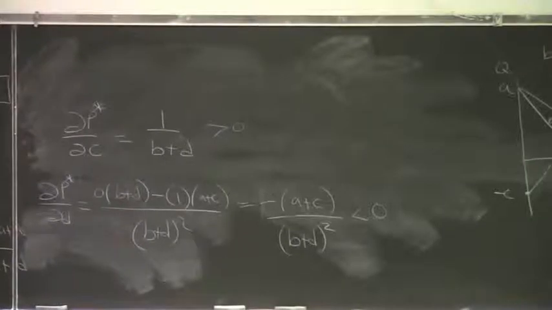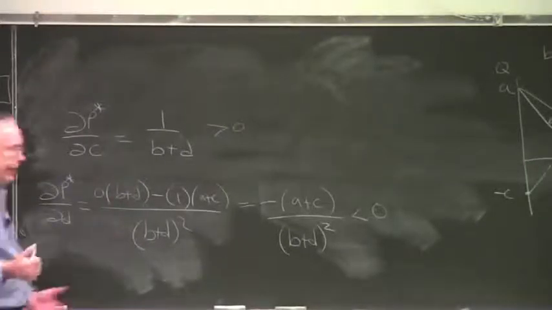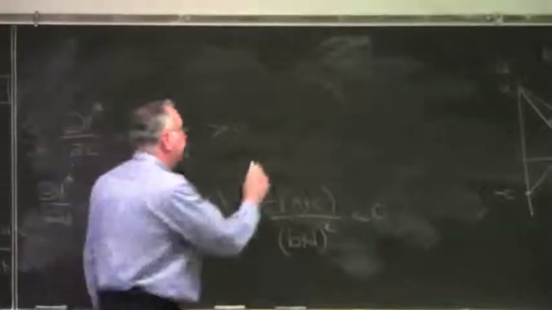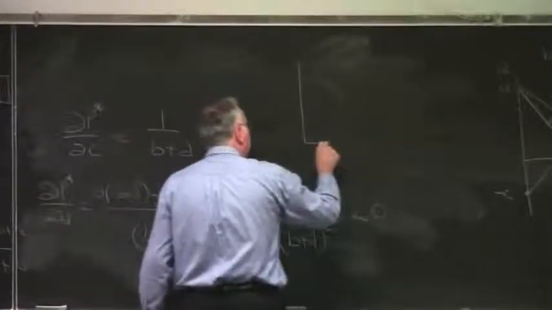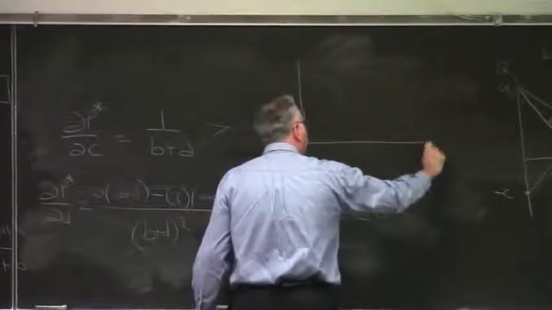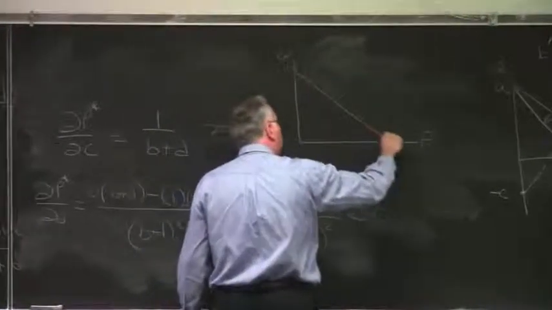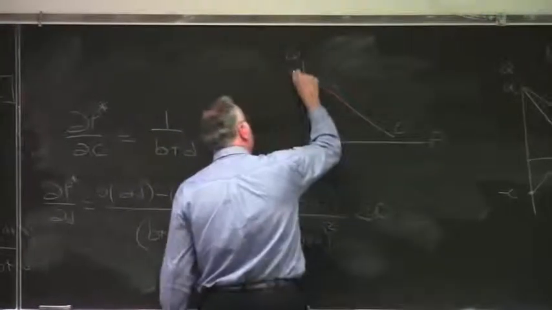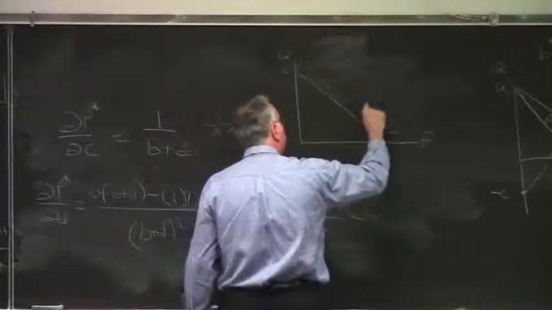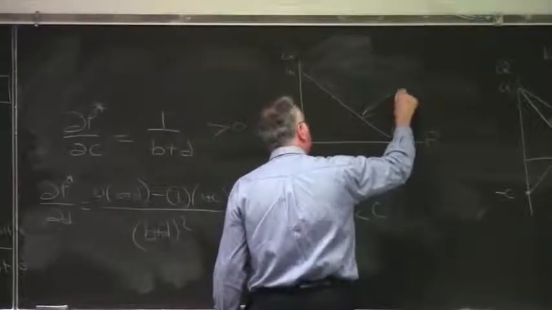And actually that makes sense because what is D geometrically in our supply and demand diagram? Where does D enter this supply and demand model? Anybody?